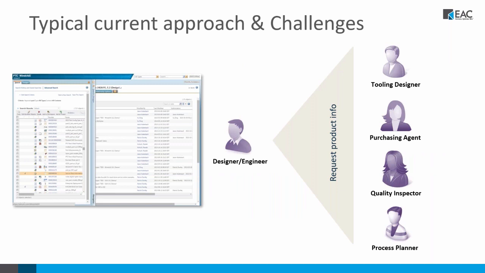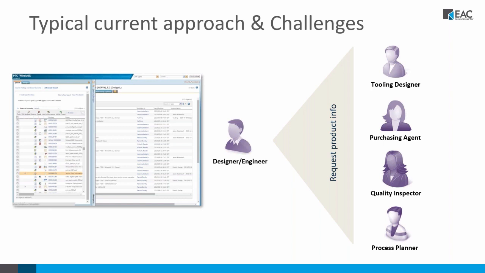The typical current approach today is that the people that access and use the data are usually the authors. Okay, that's a problem because sometimes the information is too complex or the system's too complex for other people in different roles to access information. So we hear a lot of times from people and companies that they have to get the information and filter it through designers and engineers who are really the authors of the data.